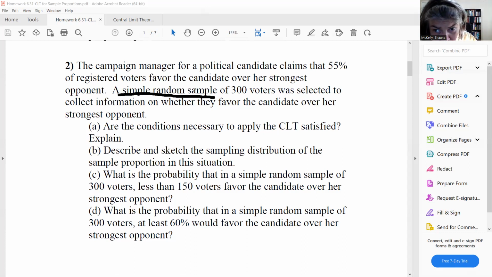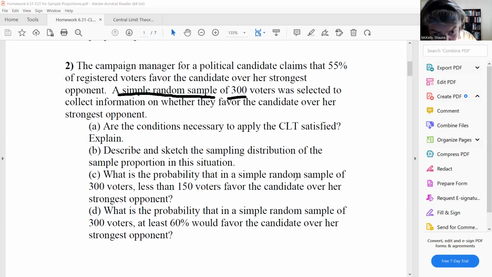A simple random sample of over 300 voters was selected to collect information on whether they favor the candidate over her strongest opponent. This is my sample size. Are the conditions necessary to apply the central limit theorem met?